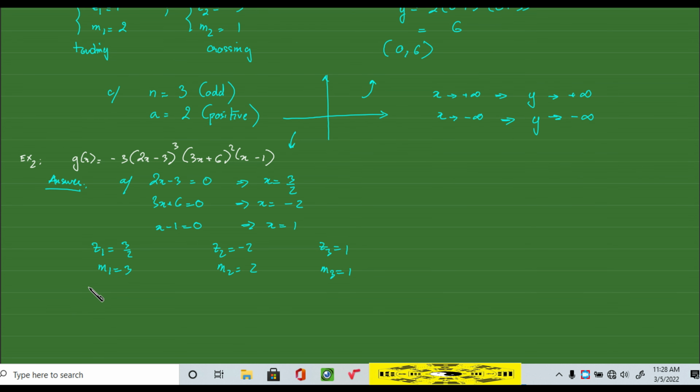Okay, then the multiplicity: because the multiplicity is odd, it will be crossing the x-axis. This one is touching the x-axis, and this will be crossing the x-axis. Okay, on the test I won't give you this.